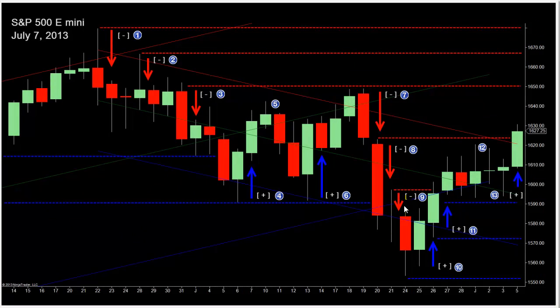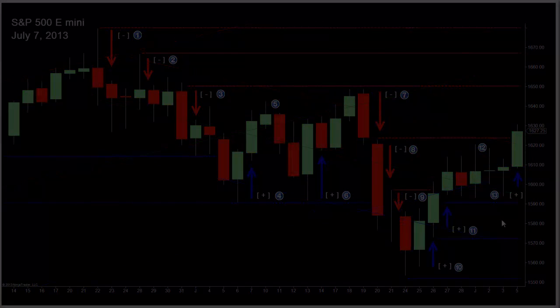However, having traded below prior support, the selling pressure ended and the S&P auctioned back up off the 1554 low and traded back up above the 1600 price level, prior support for May and June.